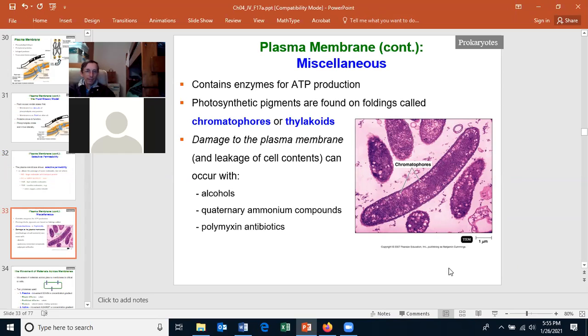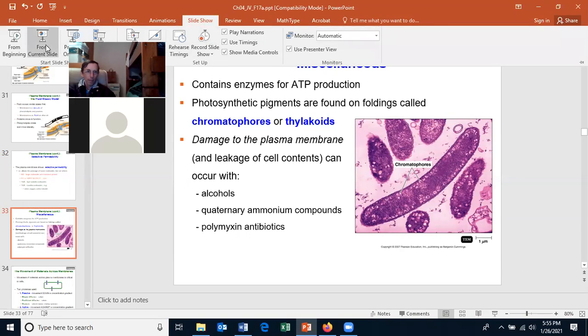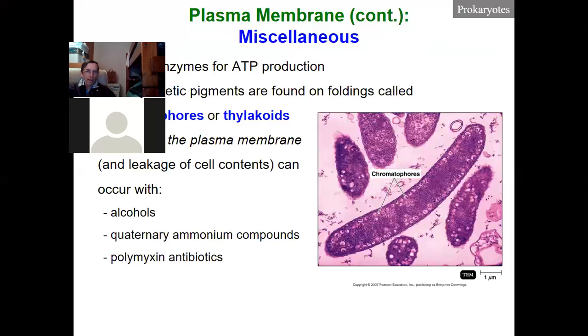If cells are photosynthetic, meaning they can undergo photosynthesis, the photosynthetic pigments are found in the foldings of the bacteria cell. And we have a name for those.